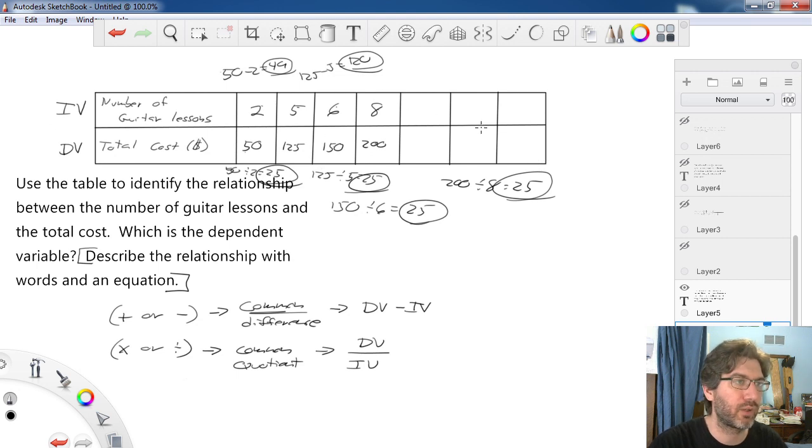So then you're just going to pull it out and make it an equation. You're going to take your independent variable, which we're going to call G for guitar lessons, and your dependent variable, which we'll call C for cost. You're going to take your guitar lessons and multiply it by 25, and that's going to equal your cost.